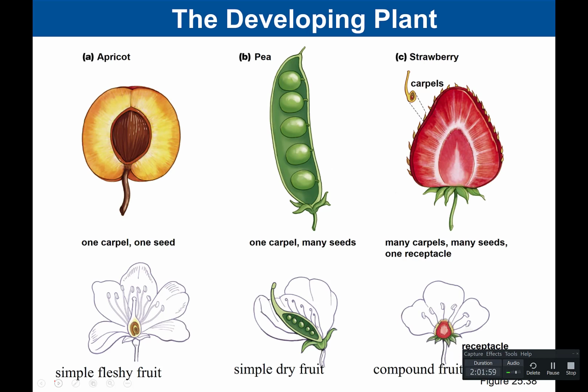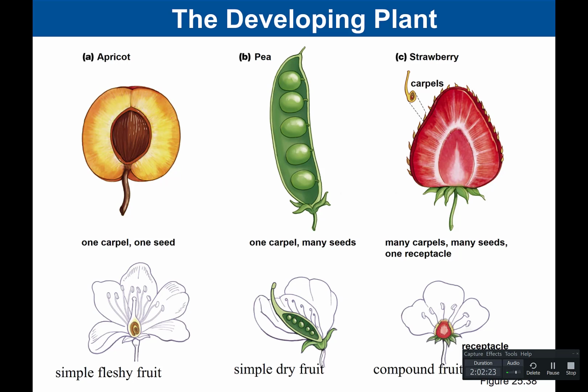So there are several types of fruits that can happen. We can have simple fleshy fruit, what we call a drupe. So an apricot, a peach, a plum, etc., where we have one carpel and one seed. So this would be an example of a simple fleshy fruit.